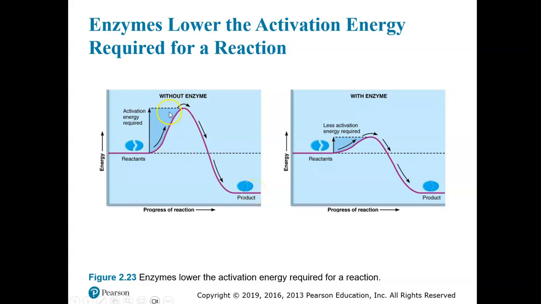This is called the activation energy. Now, with an enzyme, that activation energy is lowered. So if less energy is required, then it takes less time. The way that enzymes speed up chemical reactions is they lower the activation energy, and that causes the reaction to happen faster.